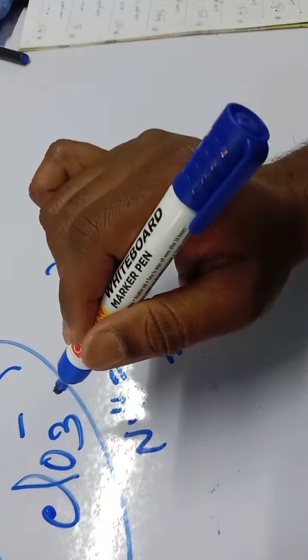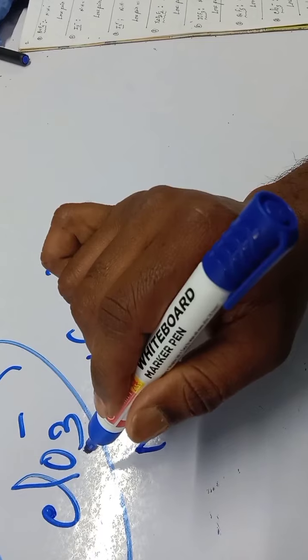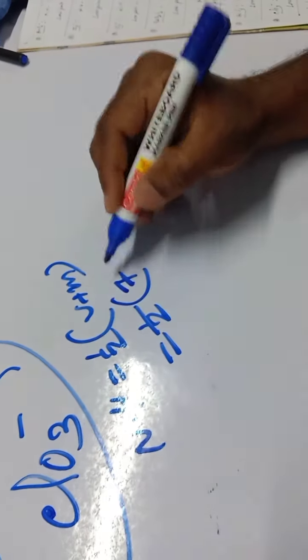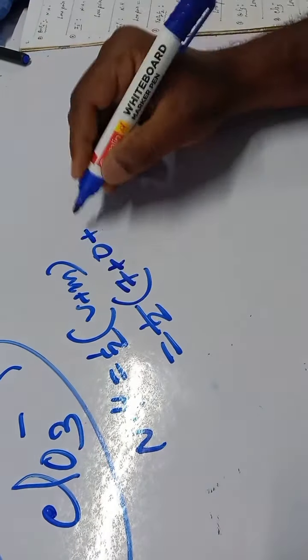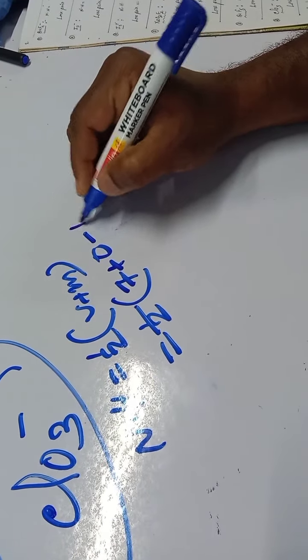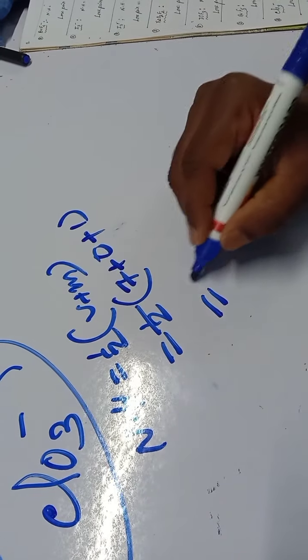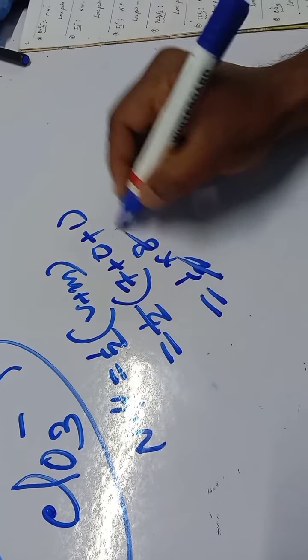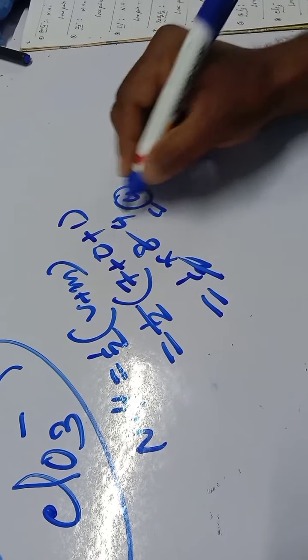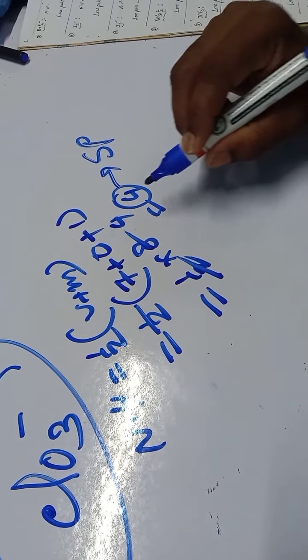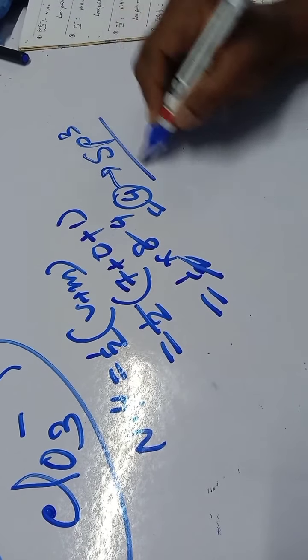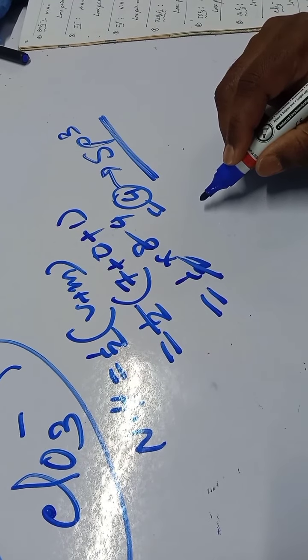There is no monovalent atom, that is 0, but the charge is negative 1, that is plus 1. Half into 8 equal to 4. That is sp3. The geometrical shape is tetrahedral.